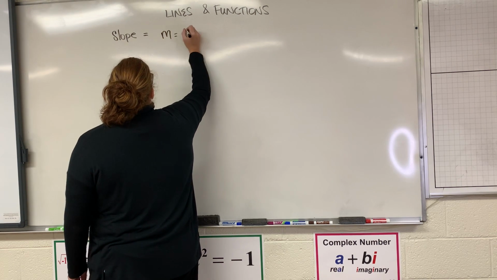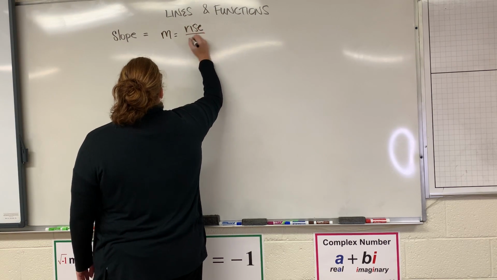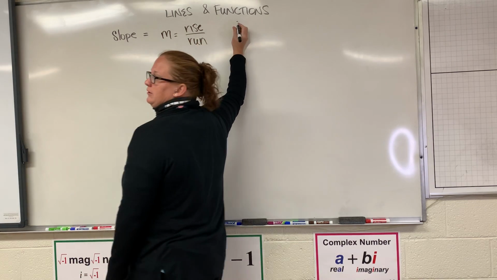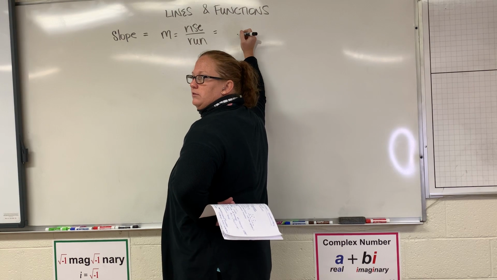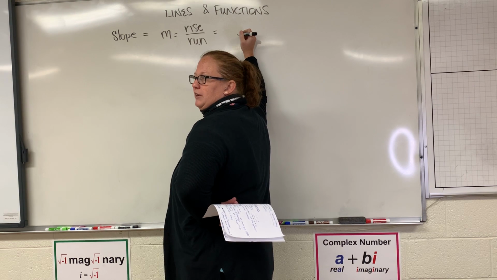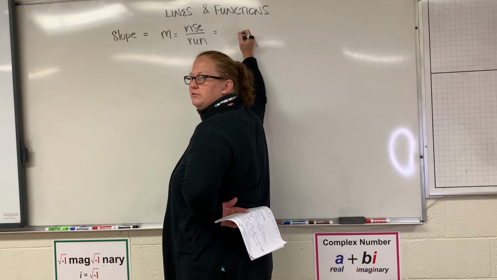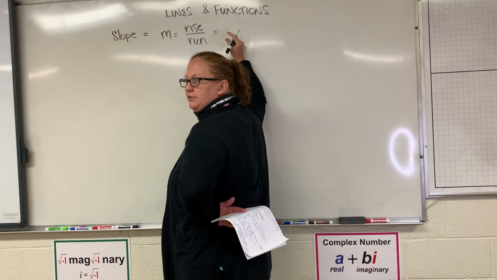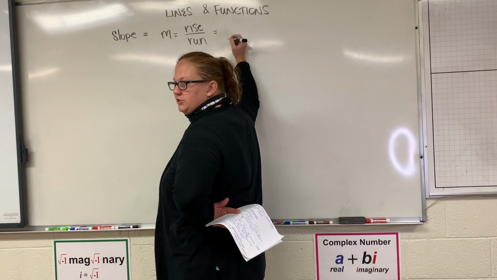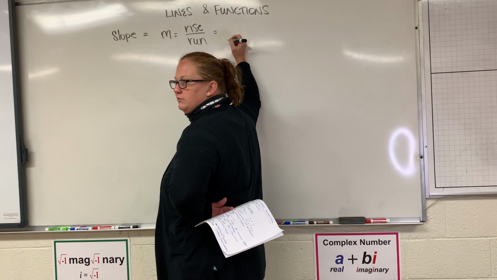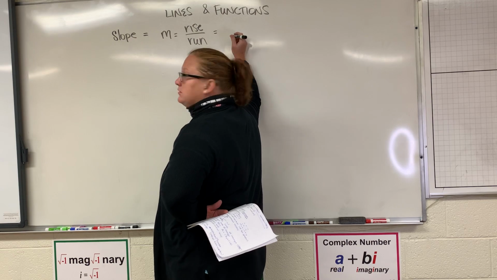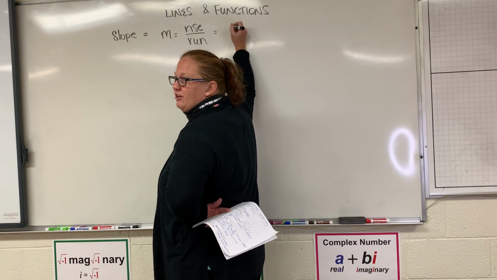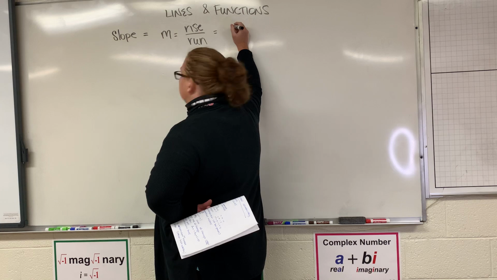M. Rise over run. How else do you guys know it? Y over x. I need a little more than y over x. Just a little more. Should I do y over symbol? Right, and what's the change of symbol? The triangle. The triangle, which is called delta. Okay. So sometimes your teacher in college will be like, delta y over delta x.